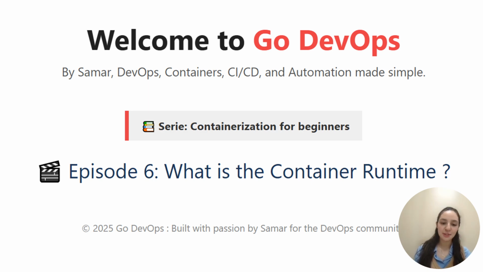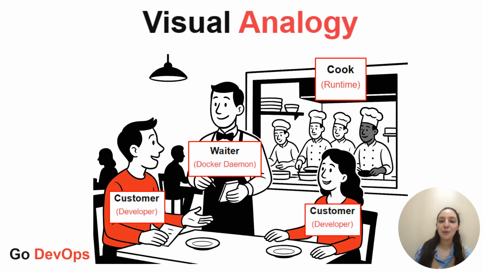So, in today's episode, we're going to talk about the container runtime. Remember our restaurant analogy from the previous episode? We have the customer, that's the developer, the waiter, that's the Docker daemon, and actually behind the scenes, there's the cook, and this cook is the one that actually prepared the dishes.